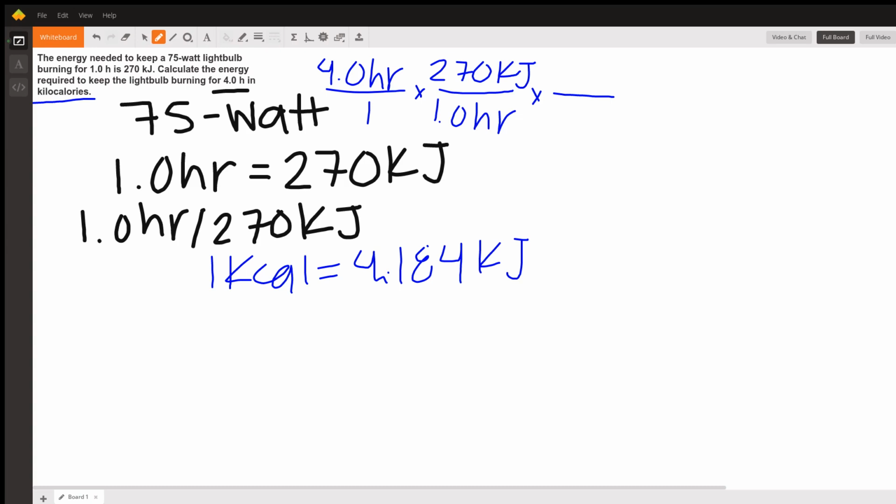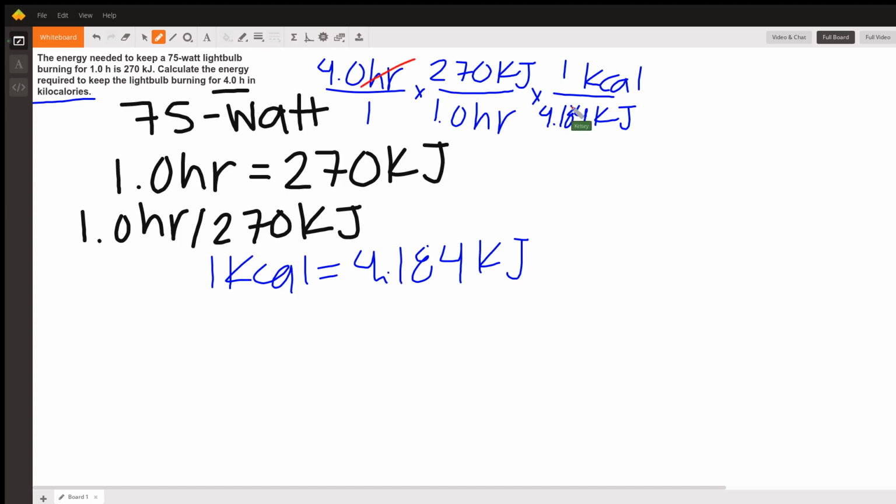So if we're looking here, we want kilocalories at the end, so we want this value on top, and the attached number that goes with kilocalories is 1, and then we do want kilojoules, which is also the attached value in unit, 4.184 kilojoules on bottom.